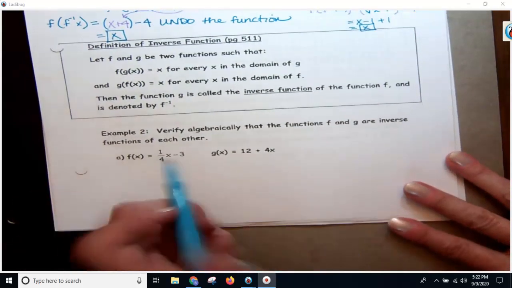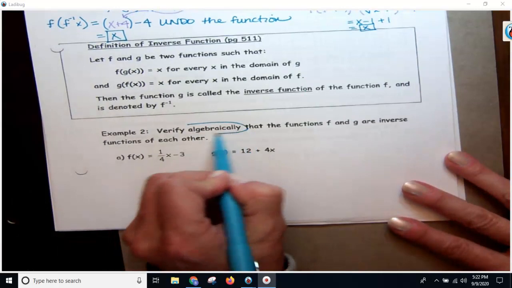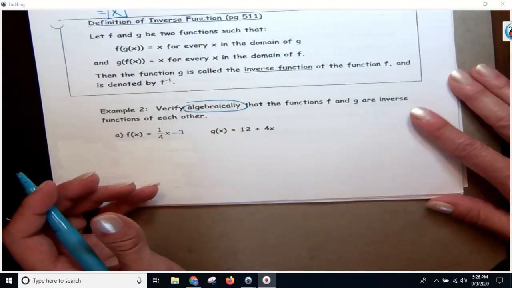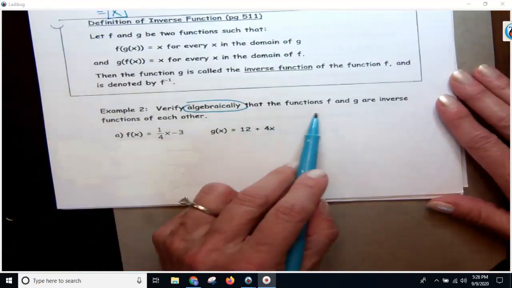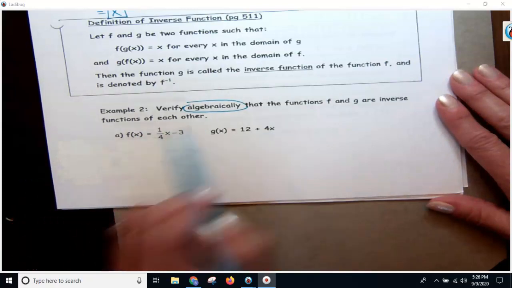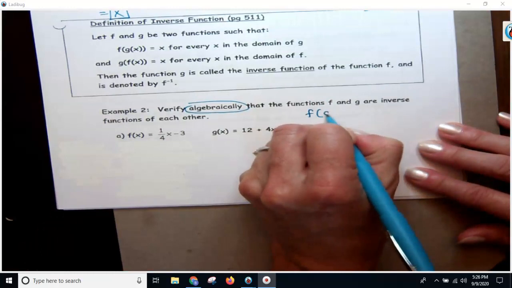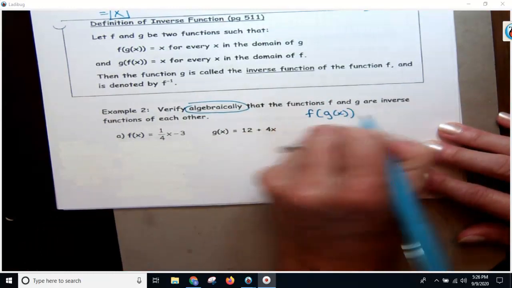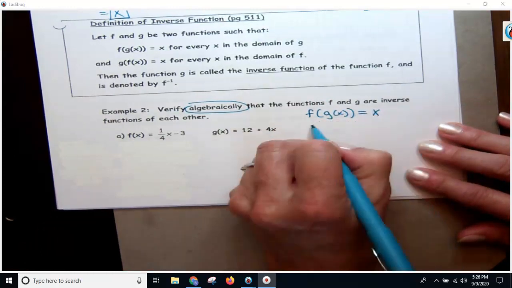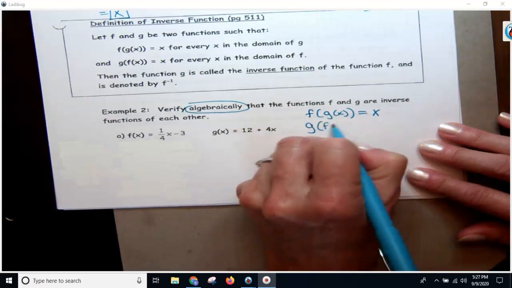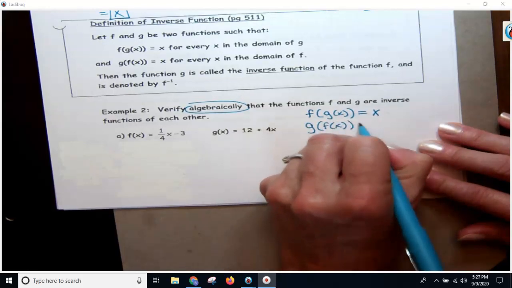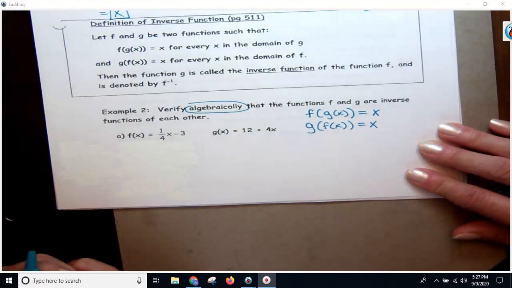So in order to determine algebraically if these are inverse functions of each other, here is how you do this. You just basically say f of g of x should equal x, or g of f of x, it doesn't matter. You can do it either way. It should also equal x.